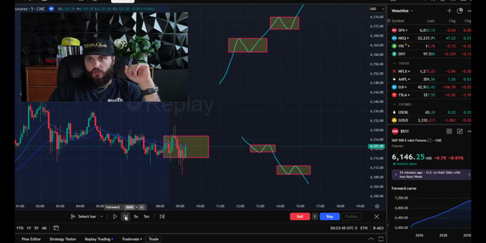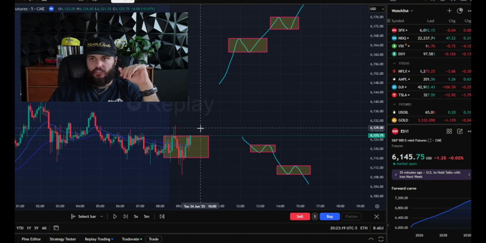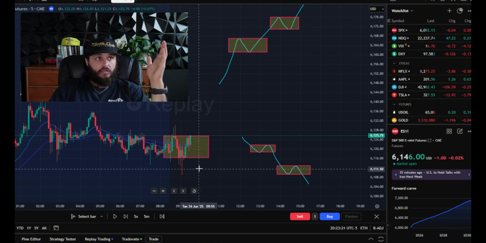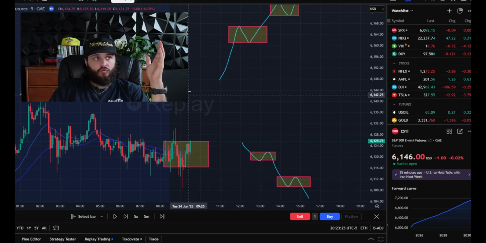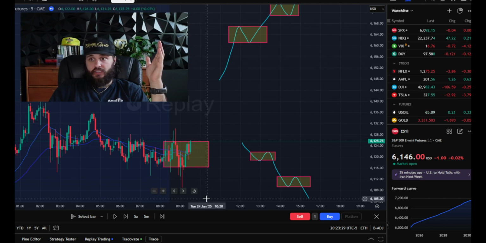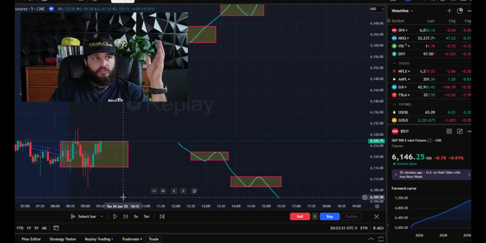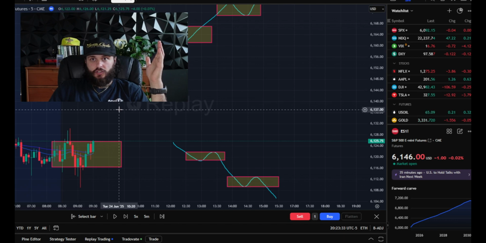So what I look for is waiting to see price action break and close over. Not just price get over that level, but I want to see a candle actually close above or below. In this situation, we see it close above. And just real quick before I move on, I want to clarify that it's the same idea: if price closes below, I may look to take a short trade.